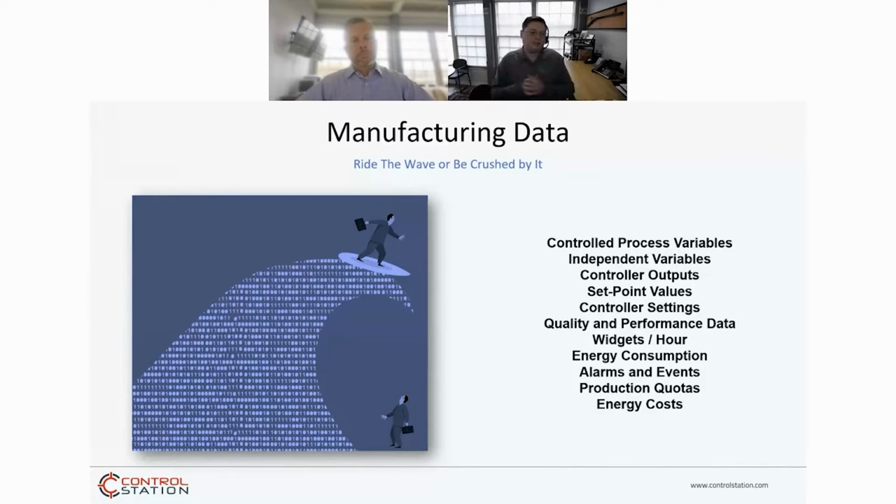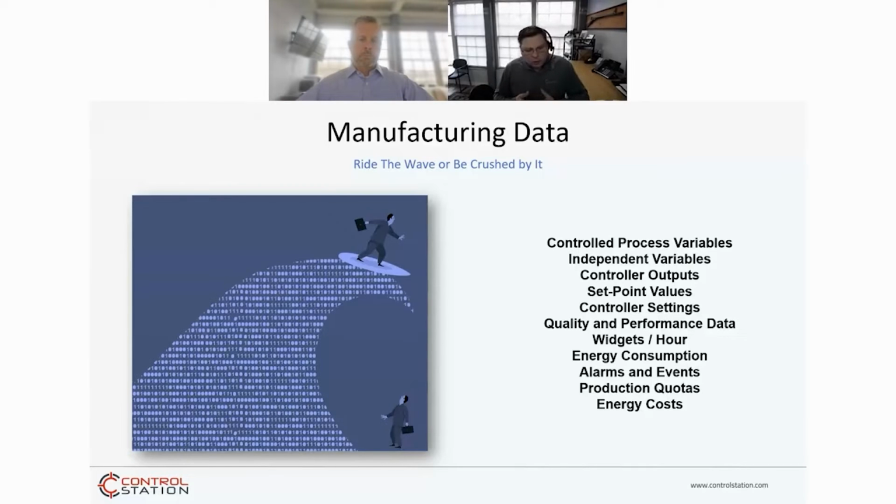And all that data is being built up into this big wave. You can either ride it and start to extract value out of it, or you're going to be crushed by it because you're not taking advantage of it, and it's going to overwhelm you, and you're going to end up with not a lot of value out of all of that investment. So we want to make sure that you're riding that wave of data, taking that information and generating value out of it.